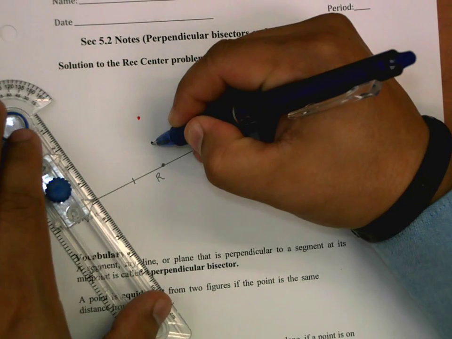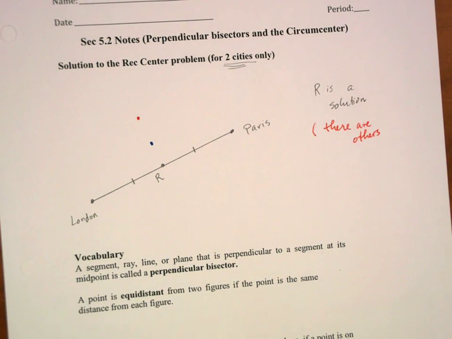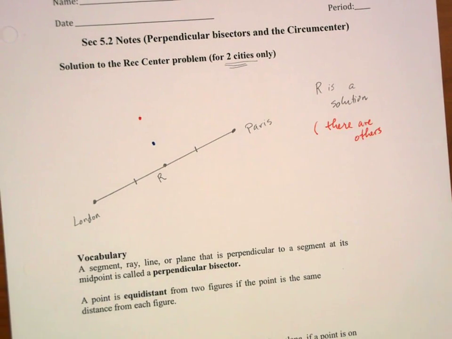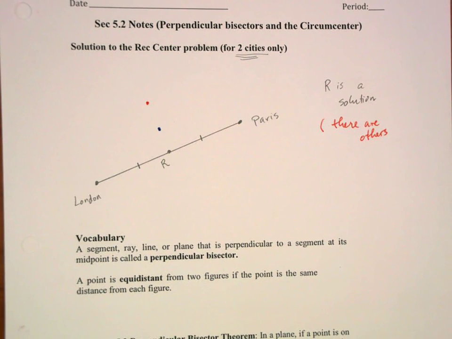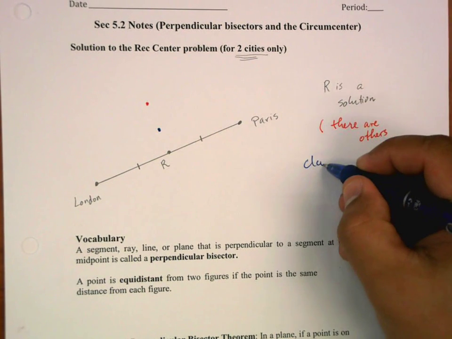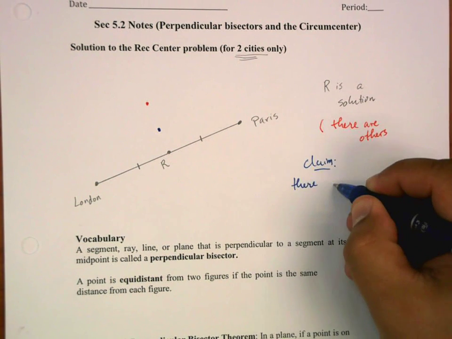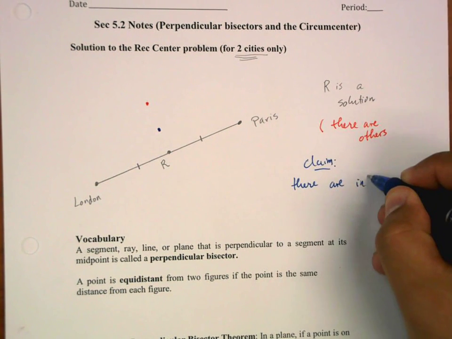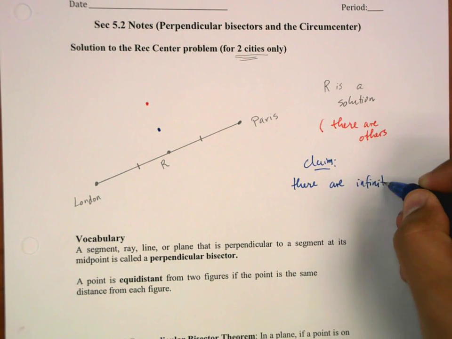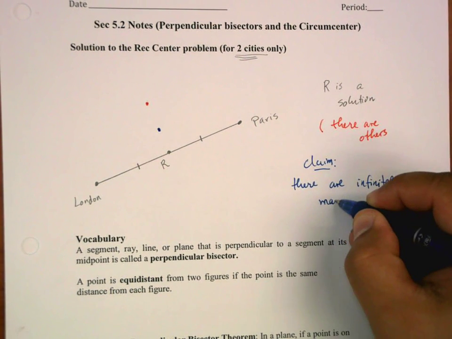This blue dot here, also a solution. And we take a ruler and we measure it, and I'm sure that it will be exactly precise. So my claim here is that there are infinitely many solutions. Infinitely many.